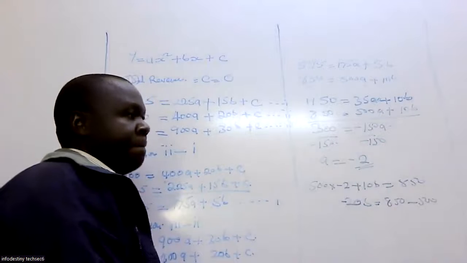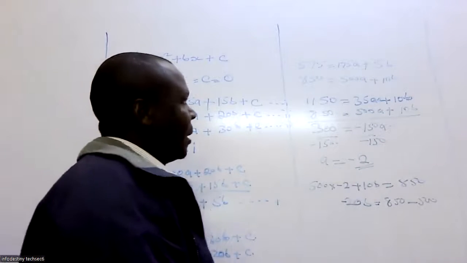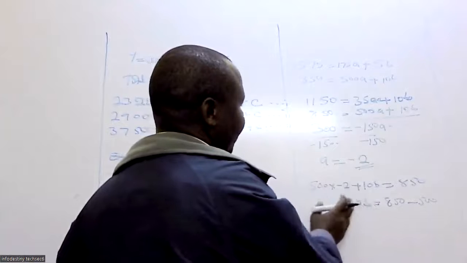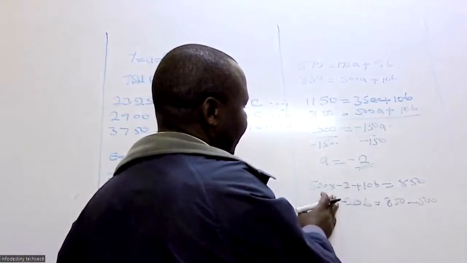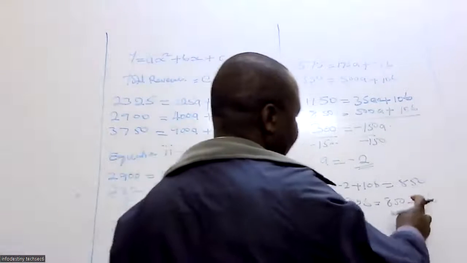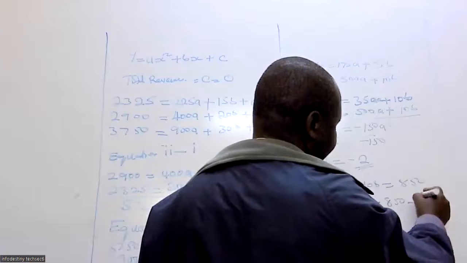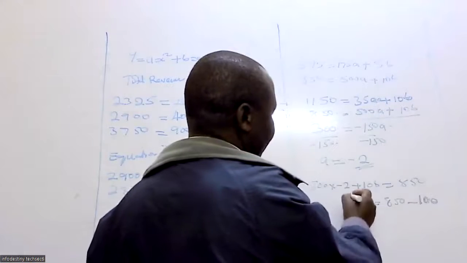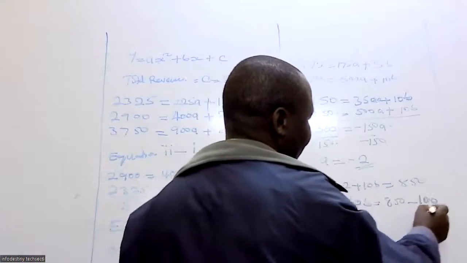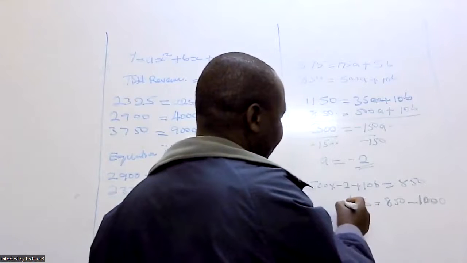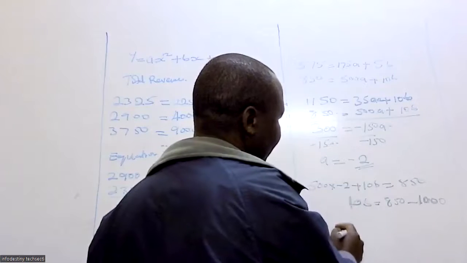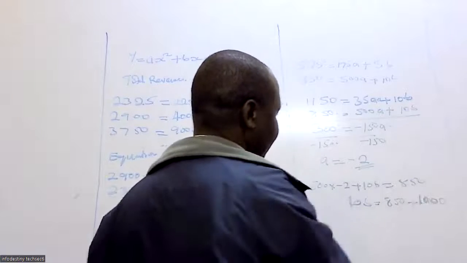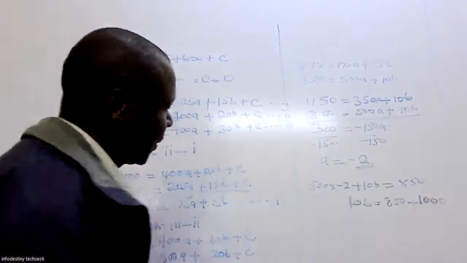We multiply the wrong value. So that's positive. When it goes to the other side, this is going to be plus. Yeah, together?